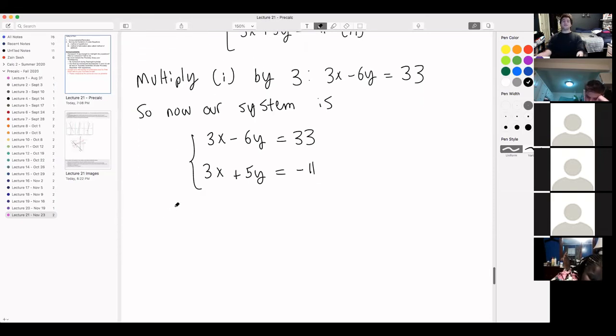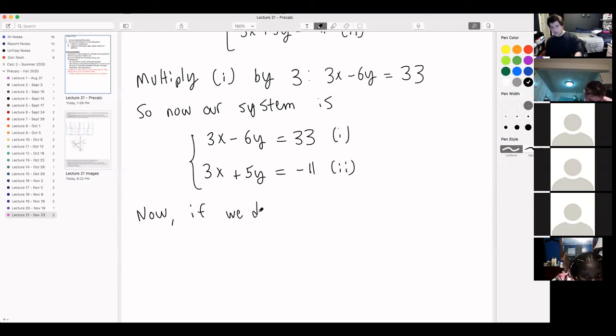So why did I multiply equation 1 by 3? It's so that if I subtract these two equations, the x variable vanishes, and I have just one equation in one variable. So I'm going to call this 1 and this 2.